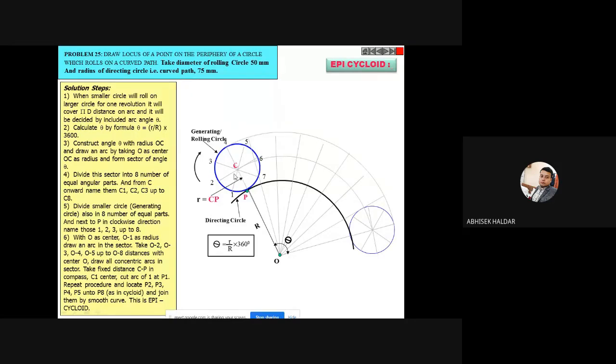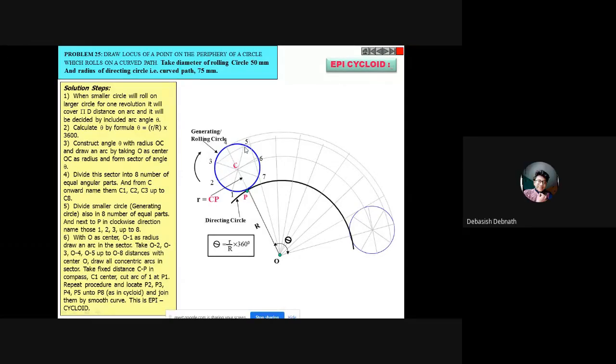Similarly, we have to draw some other arcs also. Same center point, O. Now here you can see O to 3. O to 3 is my radius. If I draw an arc taking the radius O to 3, that arc should pass through 5 or not?